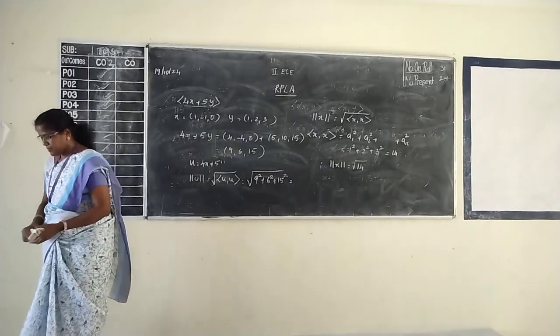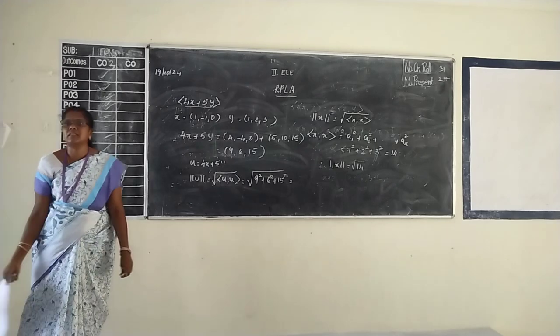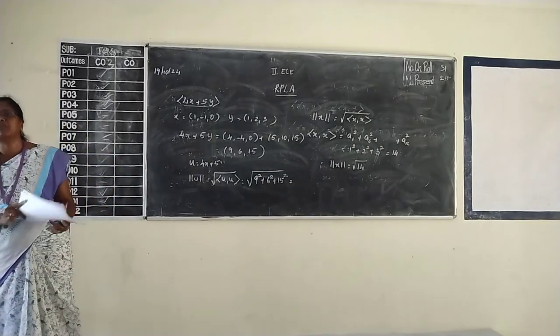Find what is the answer? 342. Any doubt ma? This is a simple 2 mark question to understand how to find a norm.